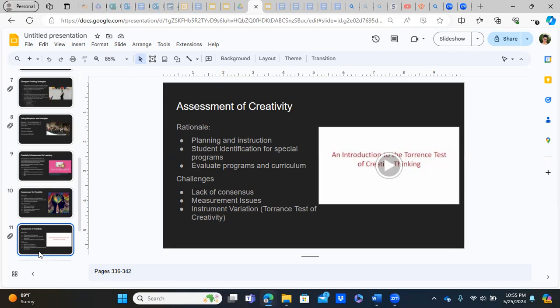So it's very important that we use and consider some types of assessment to ensure that we're using it for planning and instruction, to make sure that we are not confusing, I guess that would be the best word to say, confusing creative pursuits or substituting creative pursuits for things that might be a little bit more rigorous.